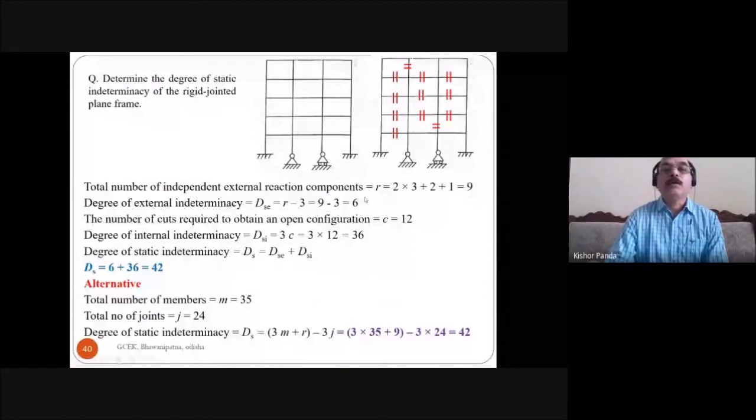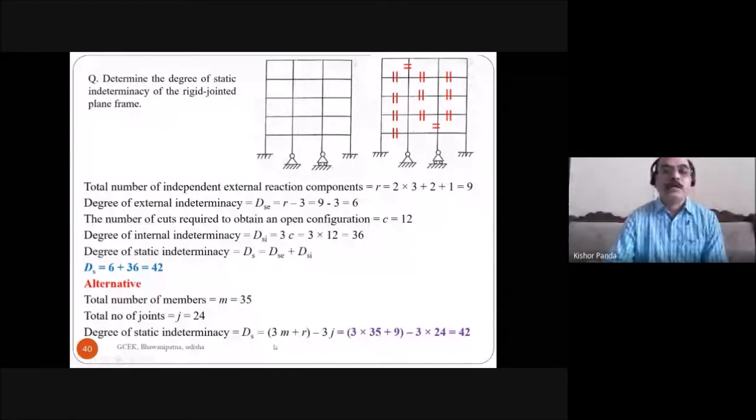Then how many joints are here? Count the number of joints. 1, 2, 3, up to 24. So the total number of joints is equal to 24.